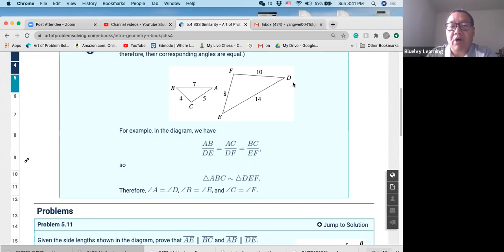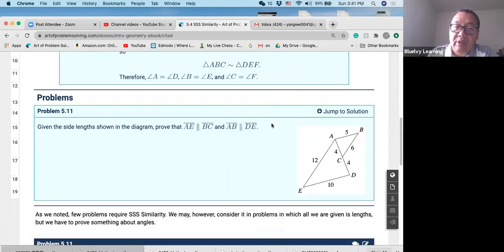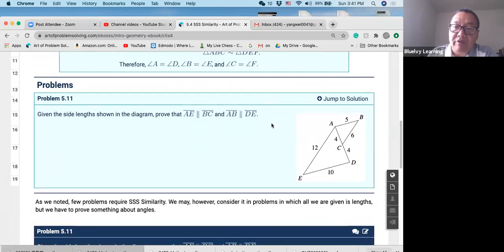They all equal 1 over 2. Then you can measure their angles and find their corresponding angles are all the same. Angle A equals angle D, angle B equals angle E, angle C equals angle F. So using this SSS, you can solve a lot of problems.